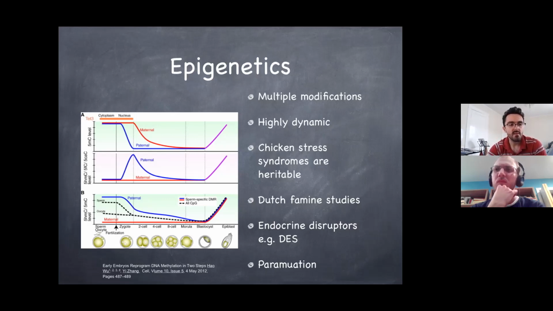So there's this idea that they're all erased at one point, but that's not really true. These graphs show specific DNA methylation patterns of maternal and paternal DNA sequences during fertilization and very early development. So although they change a lot, we can't really say that they are irrelevant or that they entirely disappear.